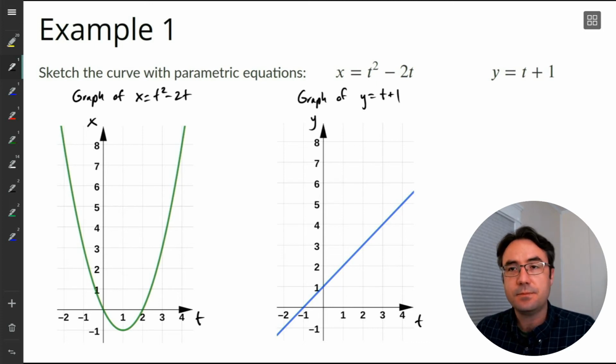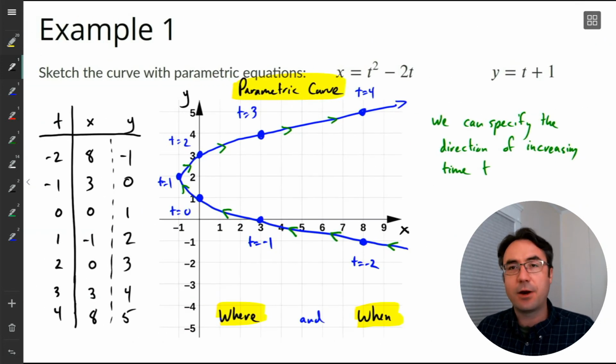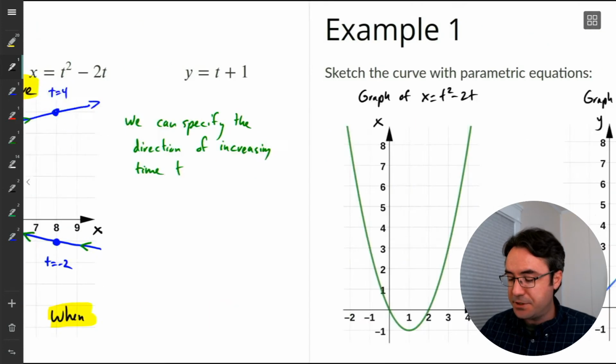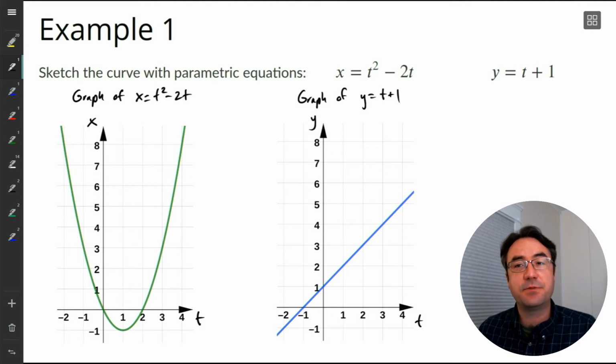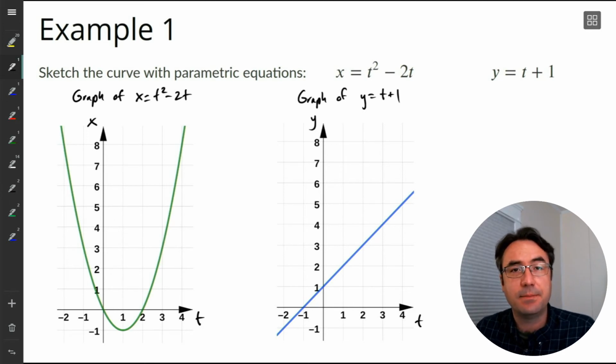And so the way we can interpret these two graphs is that in some way they fit together to form our parametric curve. The way we would read these two graphs is we can just use them to help identify the x value at a specific time and the corresponding y value at that time.